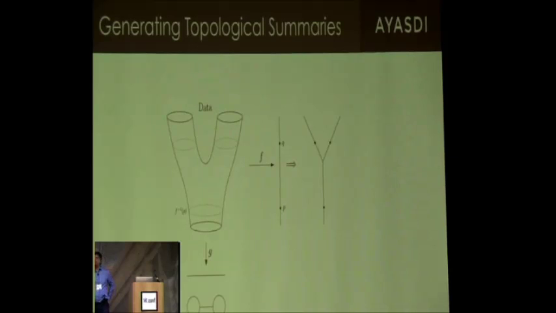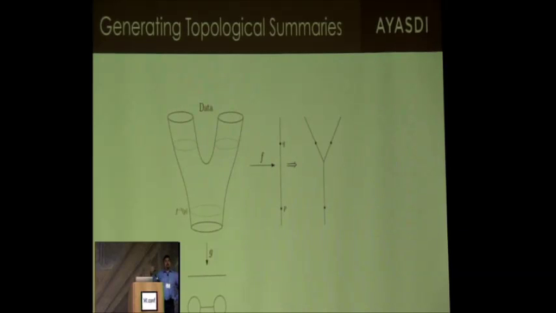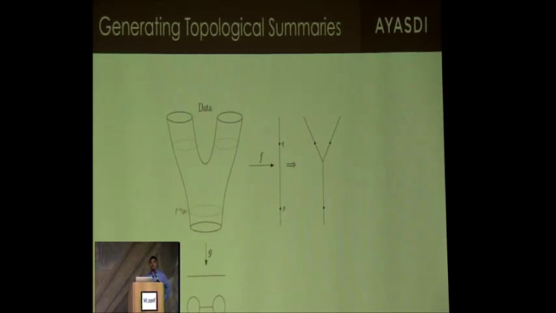And here I've drawn a different function, G, and what the summary looks like with respect to G. If you remember how I said to build the summary, you take a point in the range of the function, you take an open set, you take the inverse image, you cluster the inverse image, and you get these eyeglasses for a densely sampled pair of pants. The eyeglasses remember something different about the pants. They remember the holes, they forget the trunk and the two legs. Different summaries will remember different things about the data.